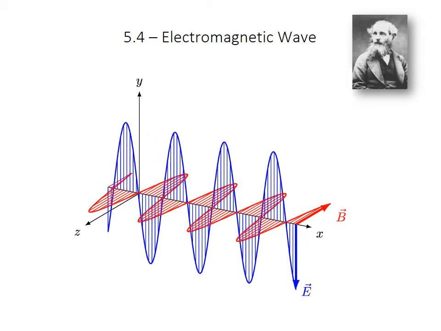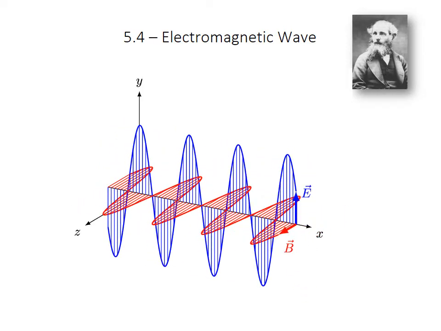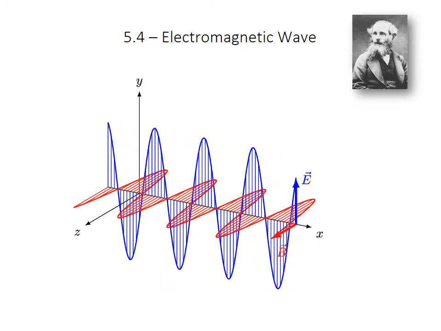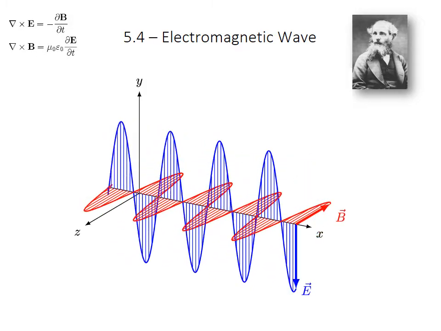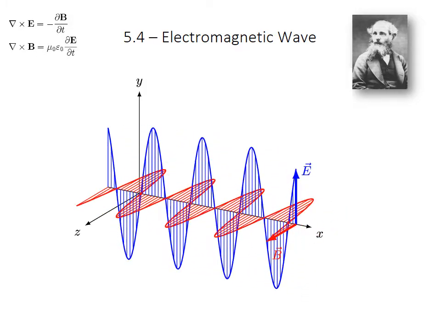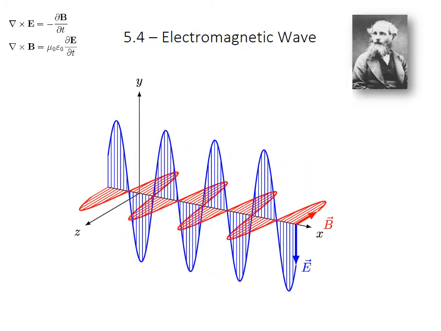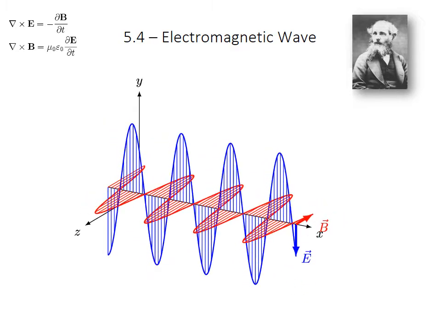No discussion of electromagnetism is complete without making mention of James Clerk Maxwell, a Scotsman from the late 1800s, who deduced that electric fields and magnetic fields were two sides of the same coin, that there was something called an electromagnetic wave.